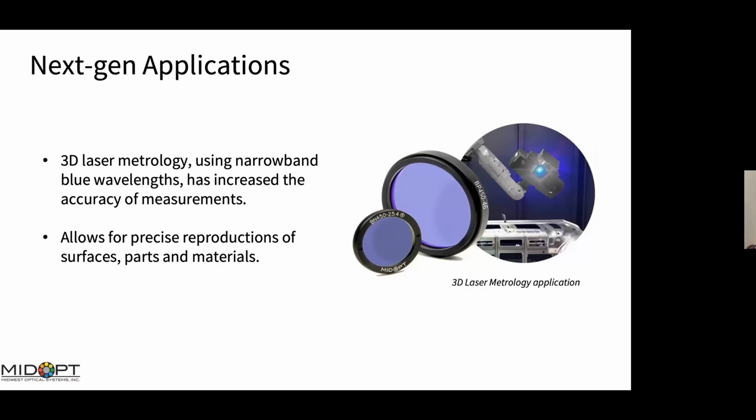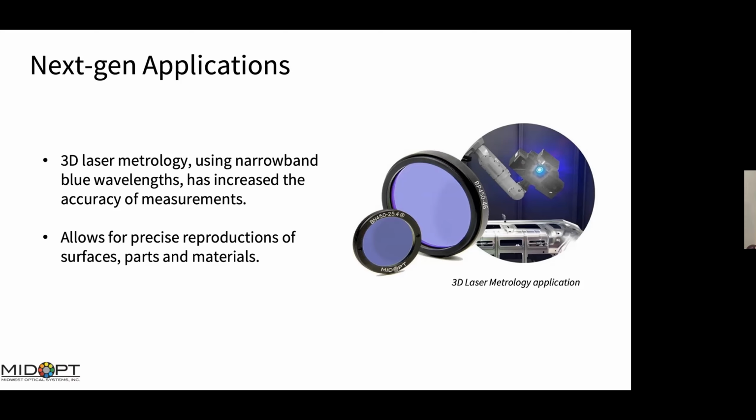Another very popular and trending application is 3D laser metrology. Metrology is just the science of measurement, and they're using these metrology systems, lots of them using blue lasers, to take lots of precise measurements of different components so that they can be reproduced over and over again.